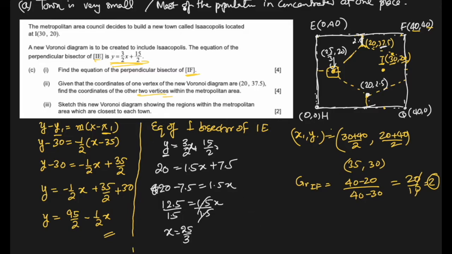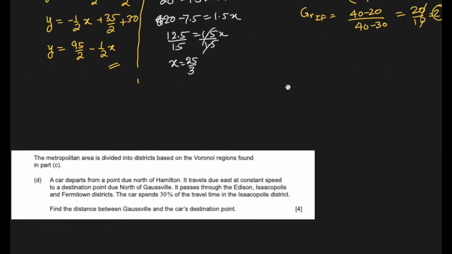So we got both the coordinates. Let me write them here. They are (25 over 3, 20) and (20, 2.5). Got those two coordinates. Sketch the new Voronoi diagram, which I have already done here. Alright, so let's move on to the next one.